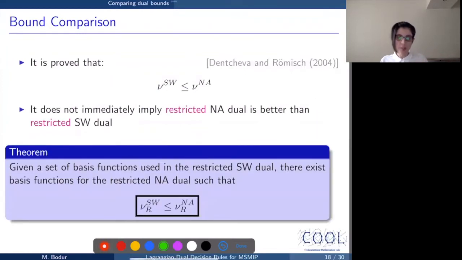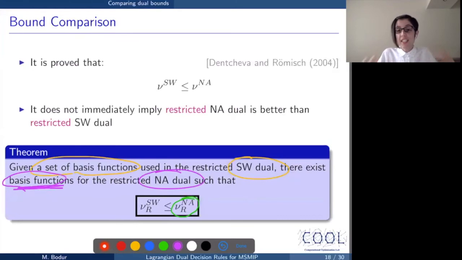But luckily, we were able to show a similar result, as in our restricted non-anticipative dual is at least as good as the stage-wise one if you choose your basis functions carefully. So what this theorem is saying is that if you already committed to a set of basis functions for the stage-wise dual, then you choose the basis functions accordingly, carefully, for the NA dual, so that you are giving it a fair chance.